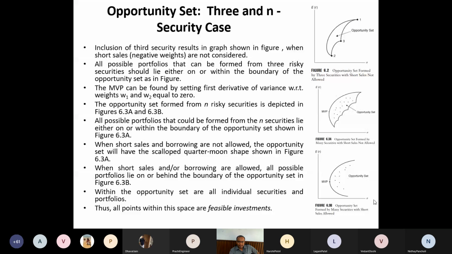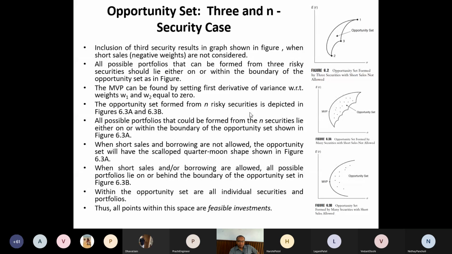So usually we plot ER versus sigma or sigma versus ER, right? So we arrived at this graph, which is the plot of sigma versus ER, allowing different proportions of the weights in the n risky securities, right?